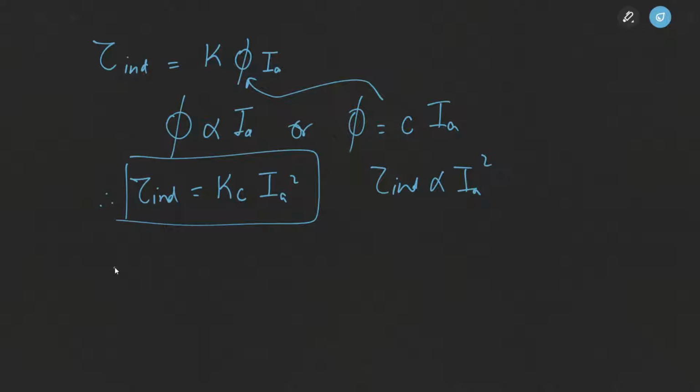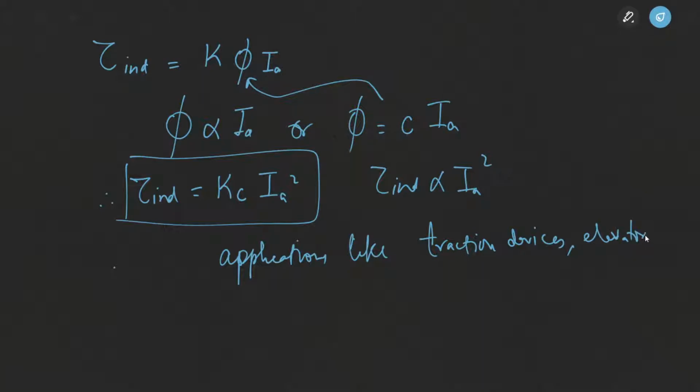So we have these applications like traction devices, locomotives, and elevators, where high torque is a requirement, and therefore a DC series motor is a preferable choice rather than a DC shunt motor.